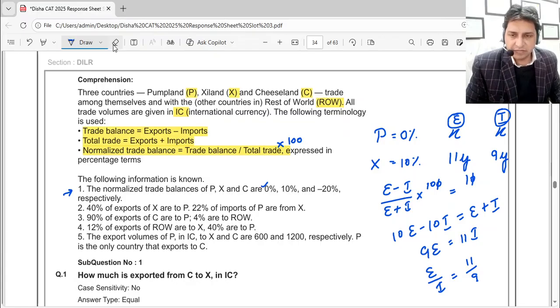The same way we can find it out for Z also, because for Z it's minus 20%. So this 10 plus 10 we can write as minus 20, and the zeros get cancelled.